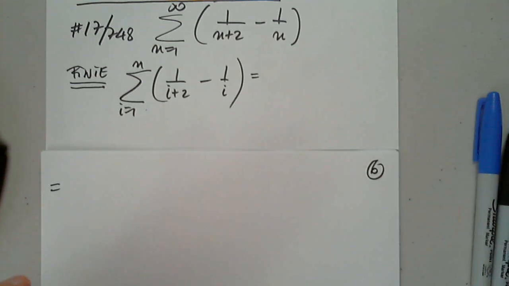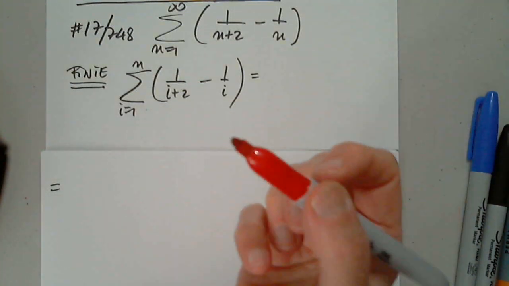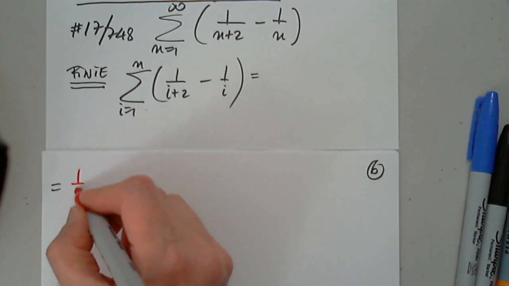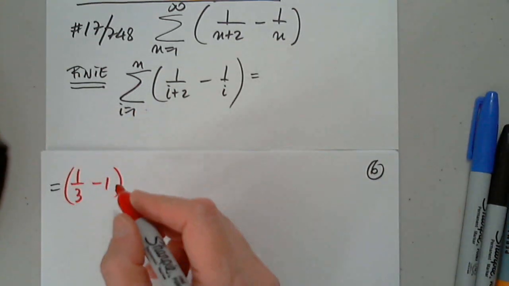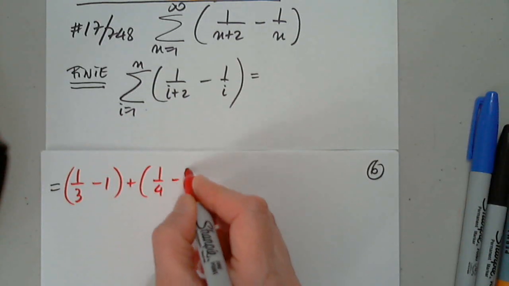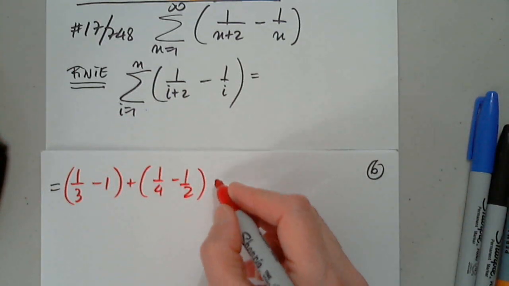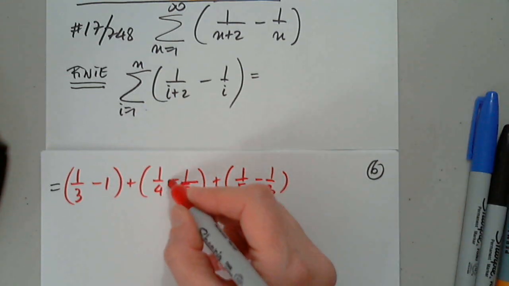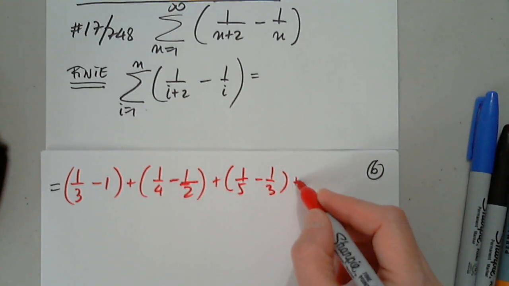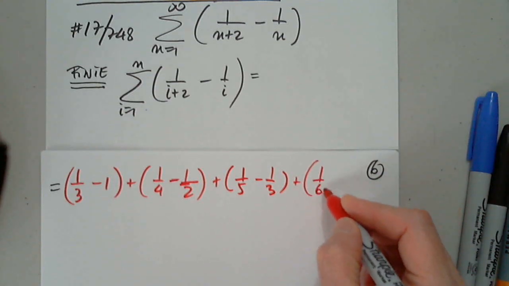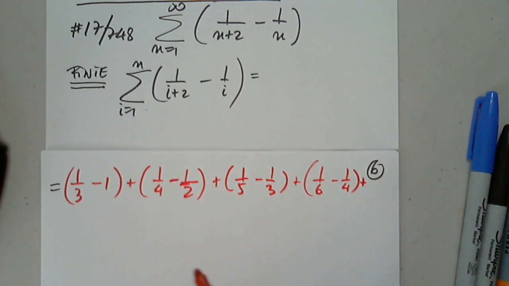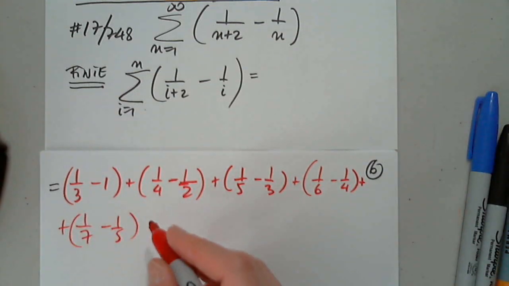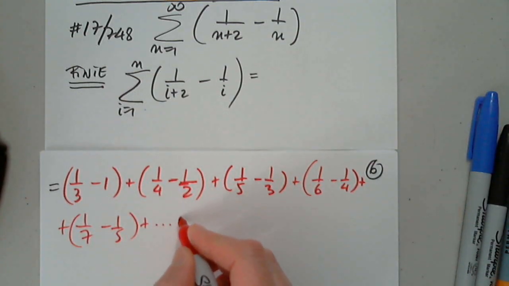We're going to start with i equals 1, and we get 1/3 minus 1 plus 1/4 minus 1/2 plus 1/5 minus 1/3 plus 1/6 minus 1/4 plus 1/7 minus 1/5 plus dot dot dot plus.